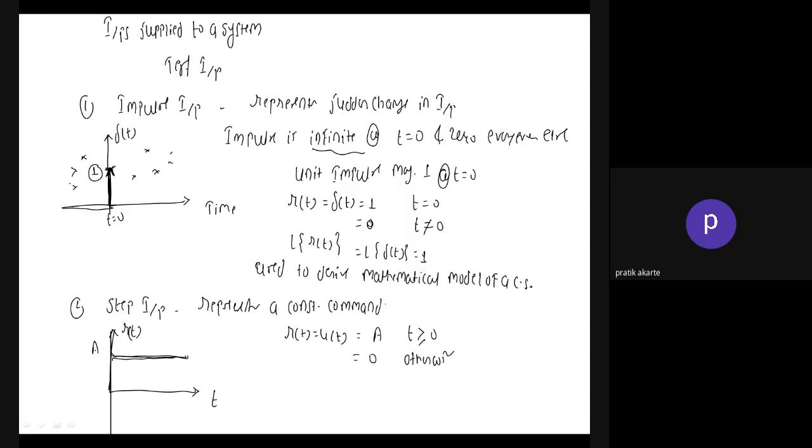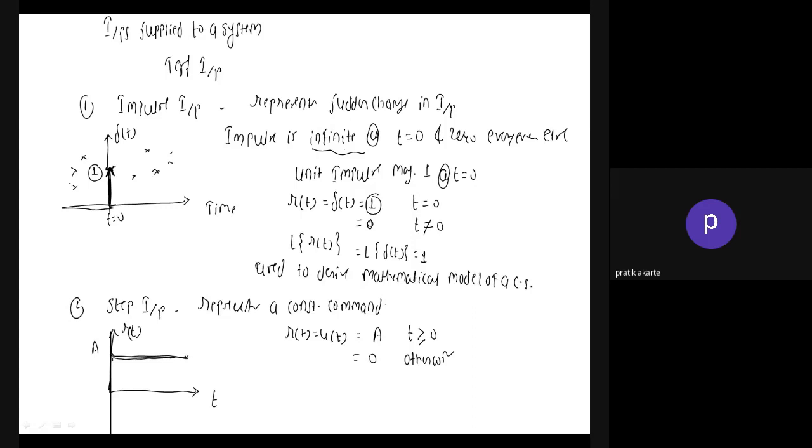I think Shreya has asked one question: why are we not taking the Laplace of this 1? So we are taking this unit impulse just for the understanding purpose. In a practical situation, this impulse is infinite at t equal to 0.